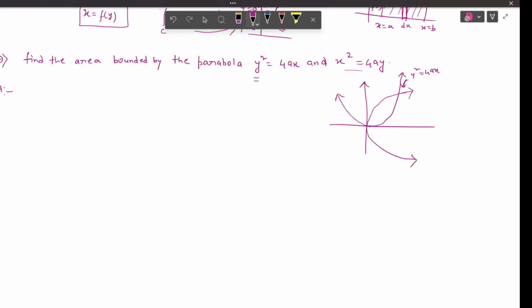So this is our y square equals 4x curve, and this curve is our x square equals 4ay curve. Okay, and we need to find this area.